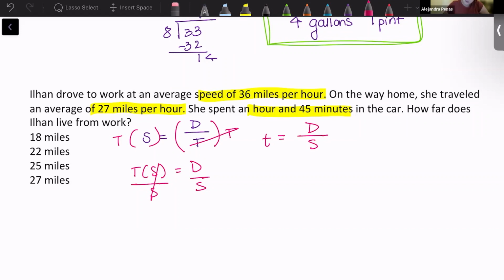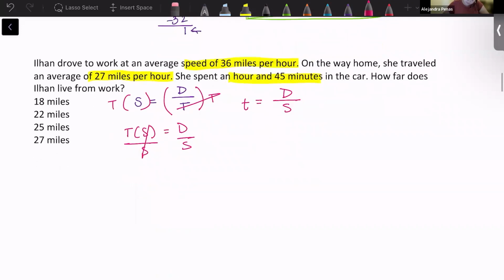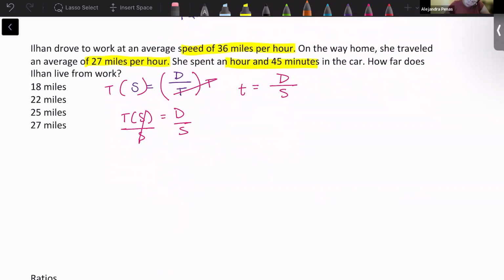Okay. We have two scenarios. We have the scenario of going to work. We don't know how much time it took you to go to work, so let's just call it time 1. You're going to work. And the distance, again, we don't know it, but we know that the speed of going to work was 36 miles per hour.